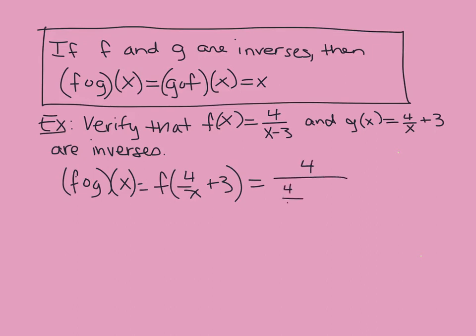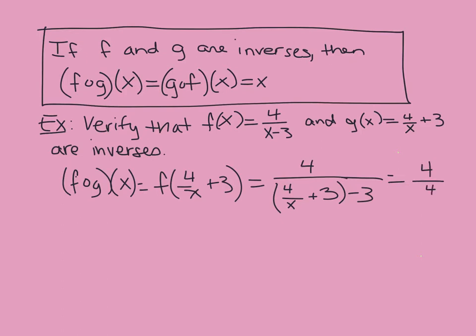So I get 4 over x plus 3 like that. And then the other thing I have is a minus 3. So this goes in for my x, and then I keep my minus 3 the same. So once I do that, I can simplify it out. The 3 and the minus 3 are going to cancel out.